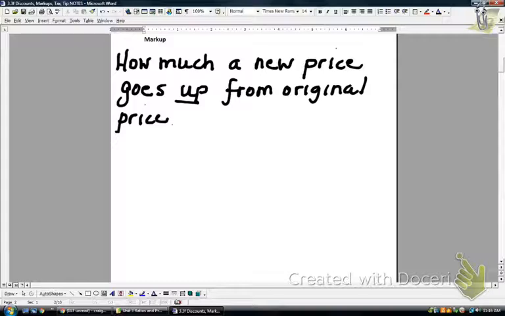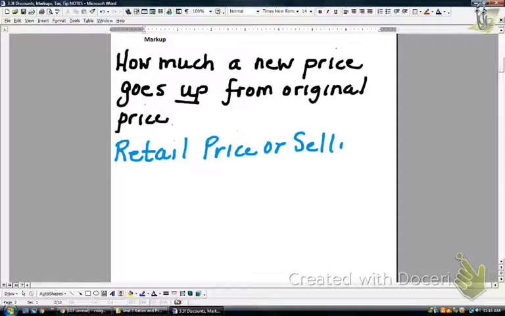A markup is how much a new price goes up from the original price. It's also known as retail price or selling price. So you will see this written in three different ways.